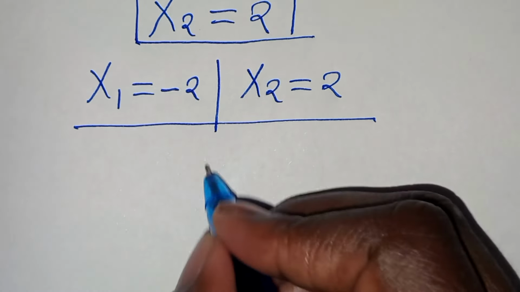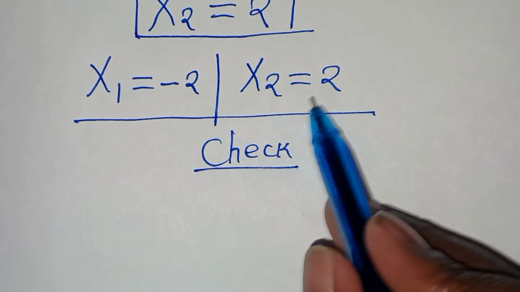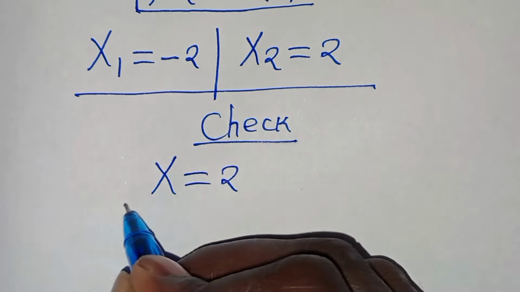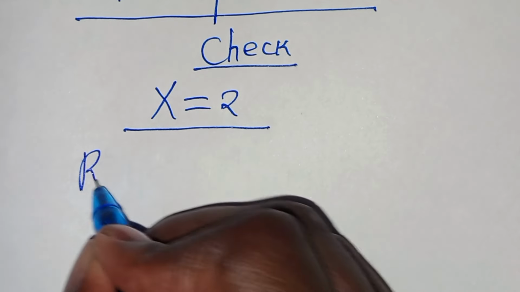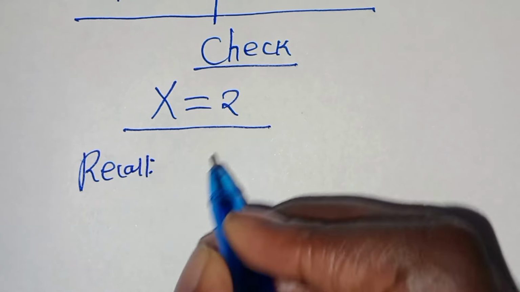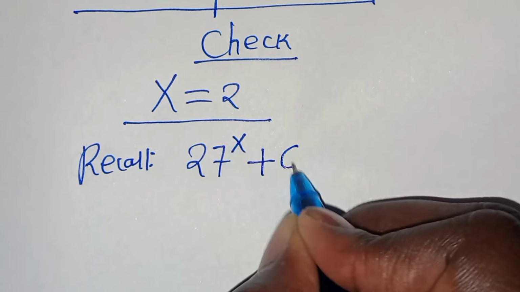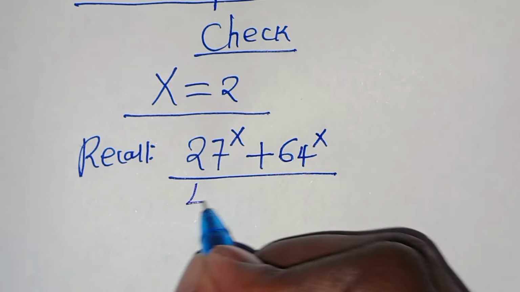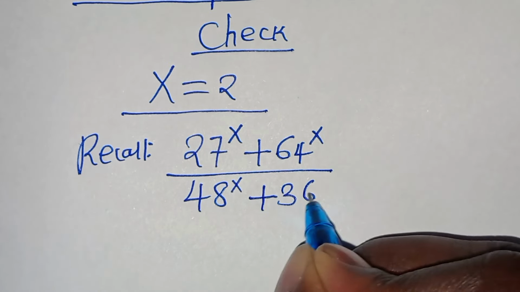Now, let's check here. We can check one of the x's. Let's check x equal to 2 to see if this satisfies the equation. If you recall, we entered 27 to the power of x plus 64 to the power of x divided by 48 to the power of x plus 36 to the power of x.